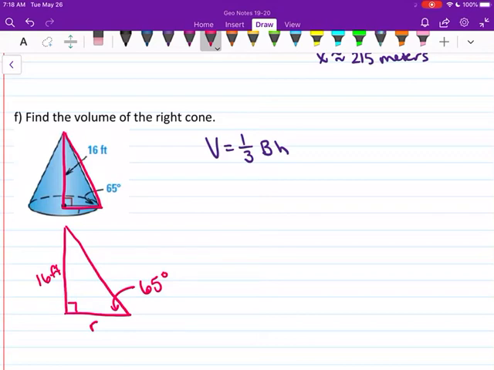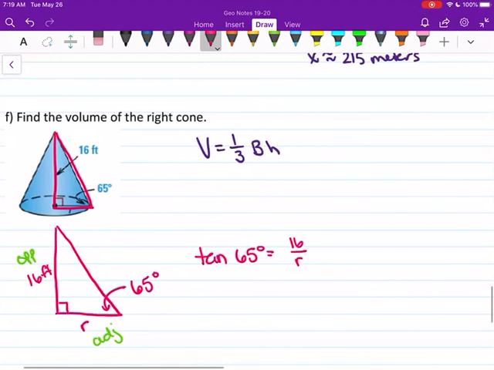Okay, so we can use our friend trig, our good old trig ratios. So here's my angle of 65 degrees, and the 16 is going to be the side opposite of that. And I want the radius, which is the adjacent side. So I'm going to use the tangent ratio. So the tangent of 65 degrees equals opposite 16 over adjacent r.